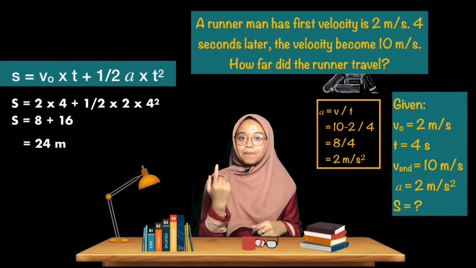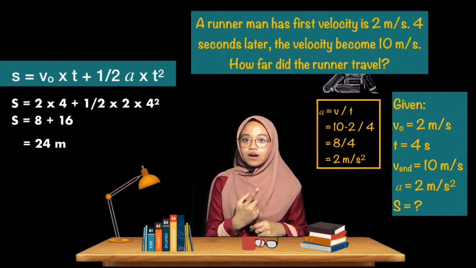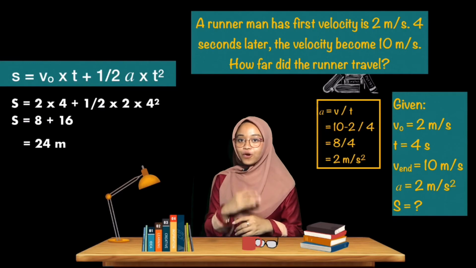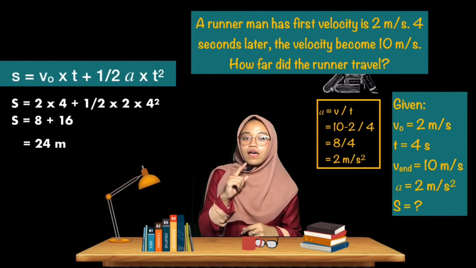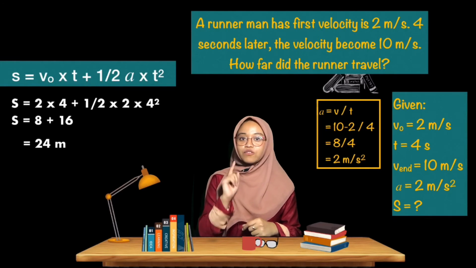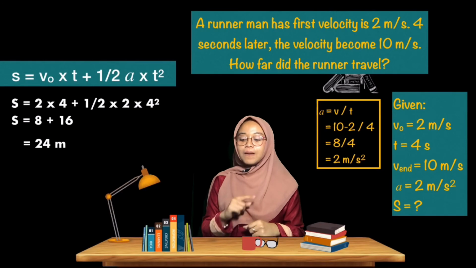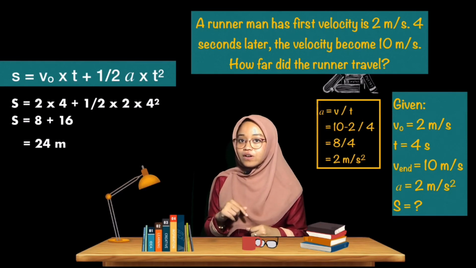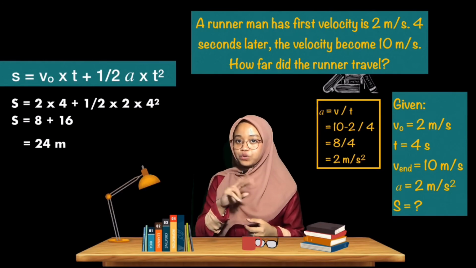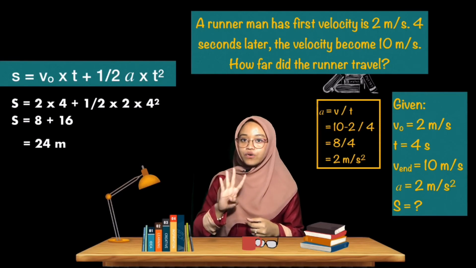Okay, let's substitute the values into the formula. S, or distance, is the first velocity 2 times 4 plus half, the acceleration is 2, times 4 squared.